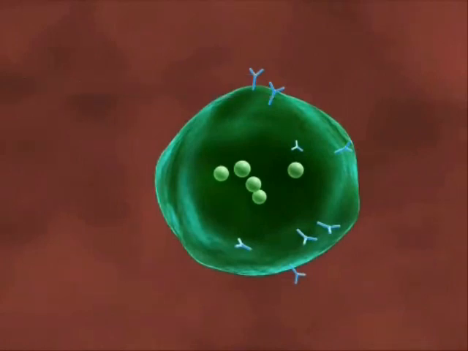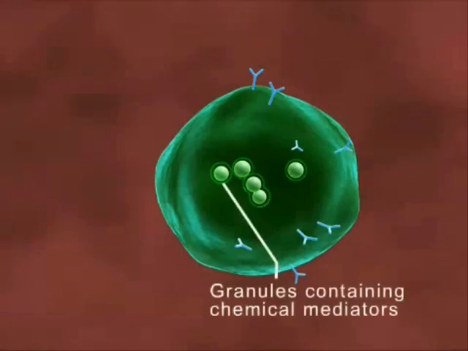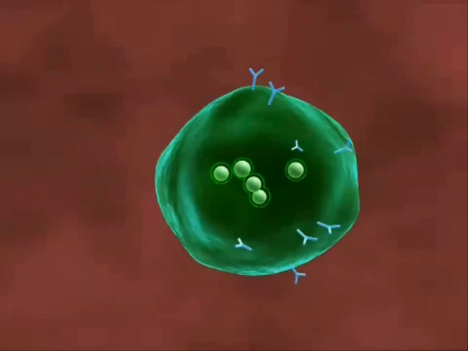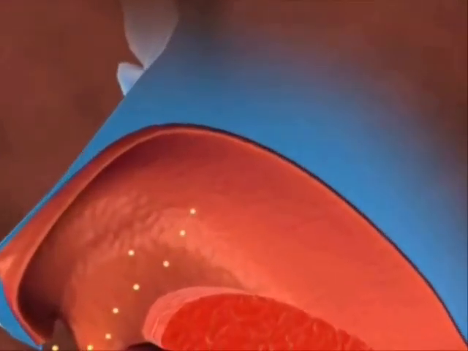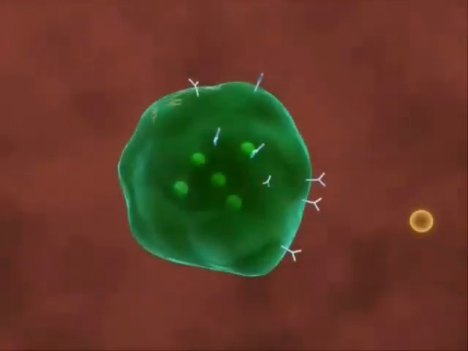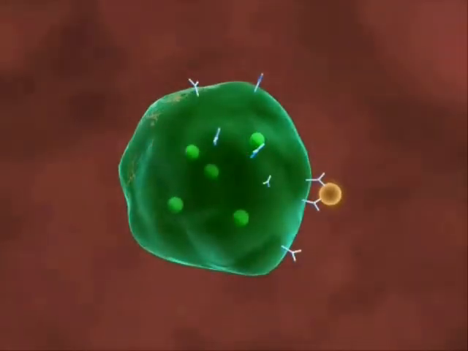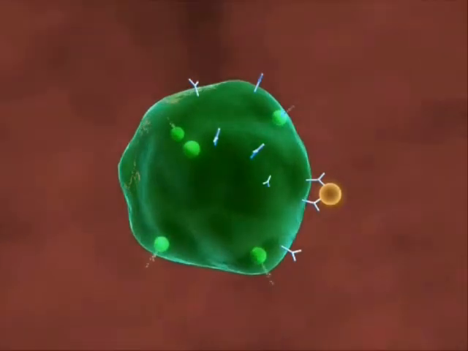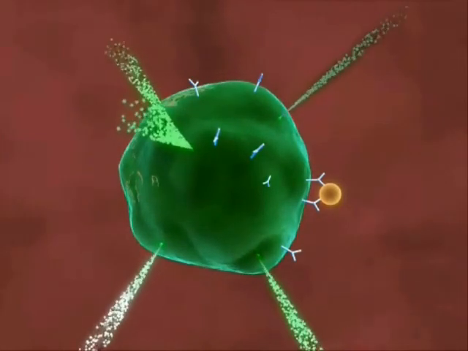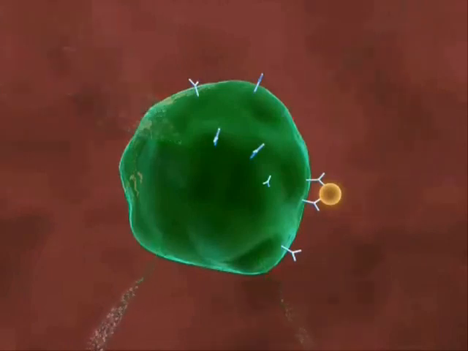These IgE antibodies sit on the surface of the mast cells. The mast cells have granules containing chemical mediators like histamine and prostaglandins, etc. On exposure, the allergen binds to the IgE antibodies present on the mast cells, cross-linking them. This results in the release of histamine, prostaglandins, and other mediators into the surrounding tissue.